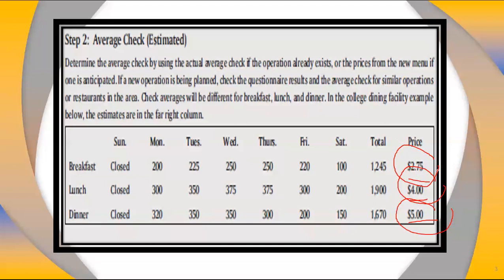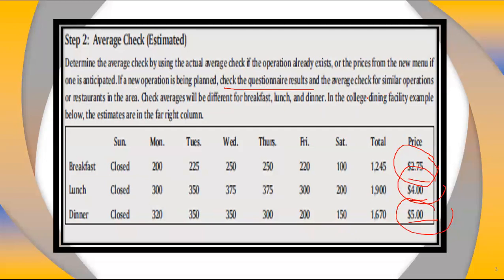Or you can also add the best seller among the main dishes. You can base your average check on that. The results of your questionnaire can also be referred to in writing down your average check.